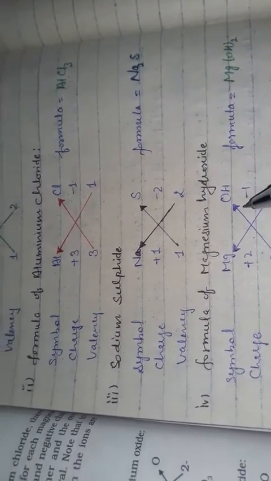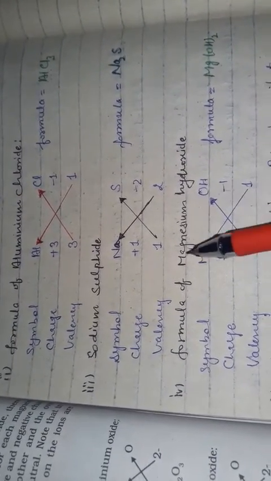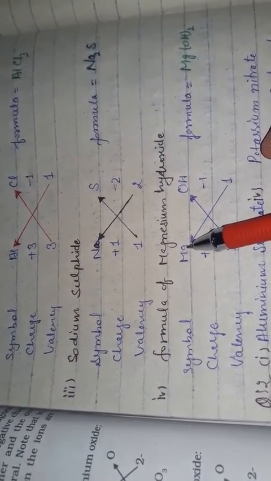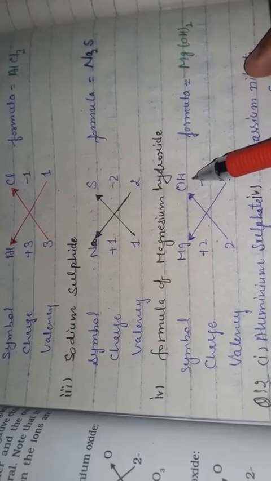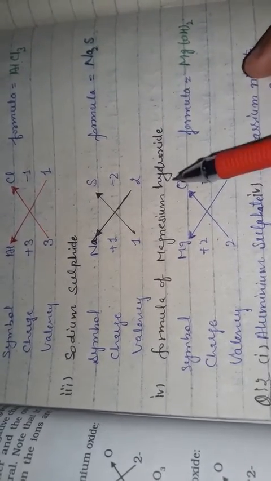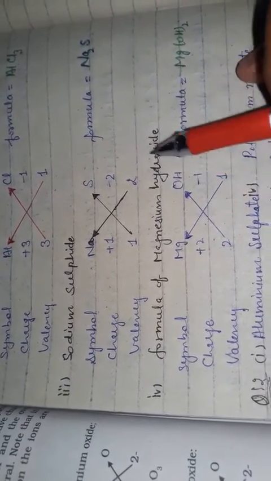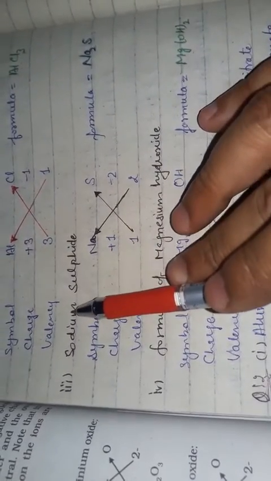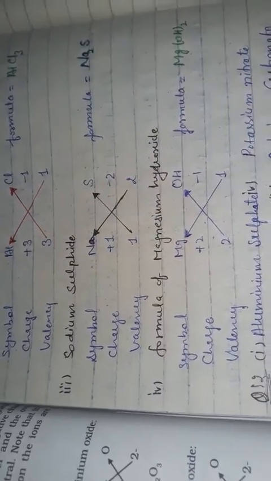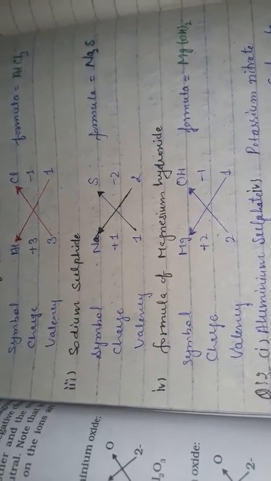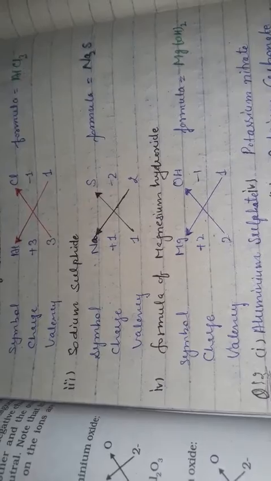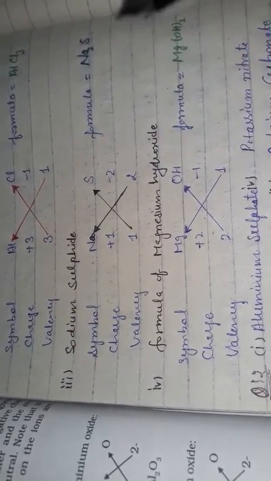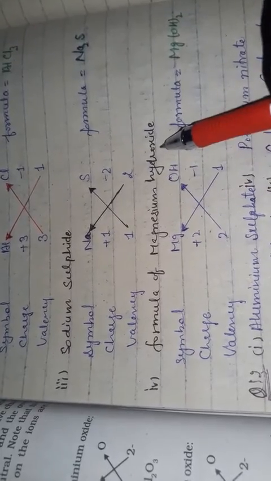Next, for magnesium hydroxide, the same pattern follows. Magnesium is Mg and hydroxide is OH. Also remember that the symbols of elements, cations, anions and polyatomic ions are very important. What is the symbolic representation of these formulas with elements and ions?